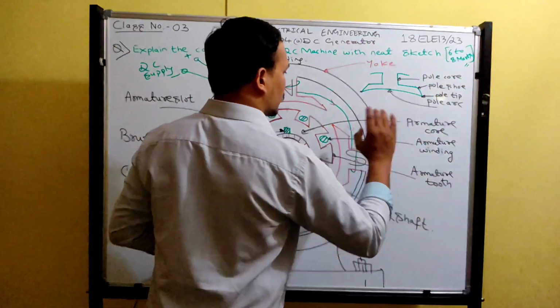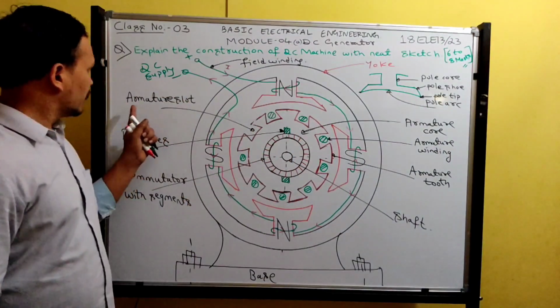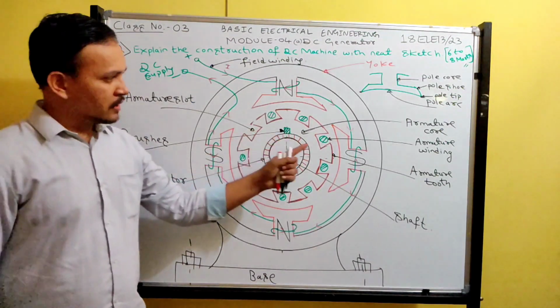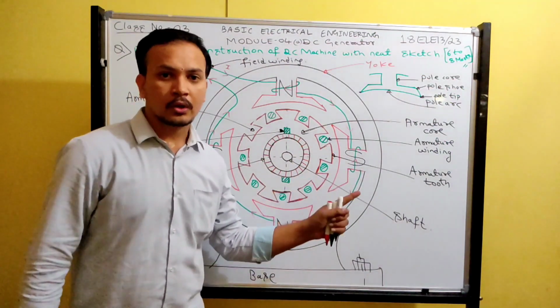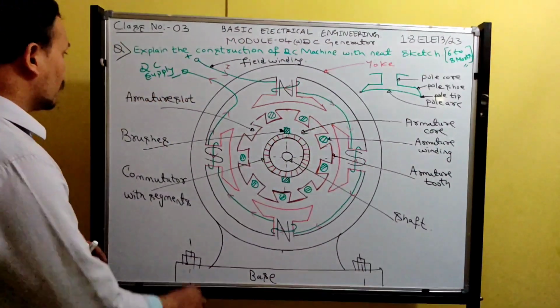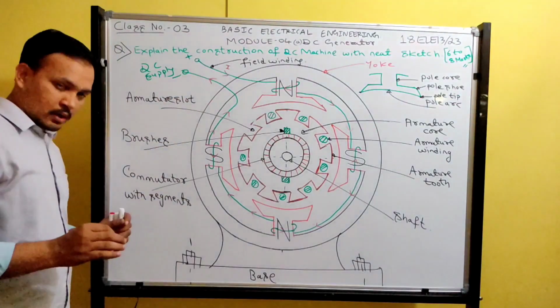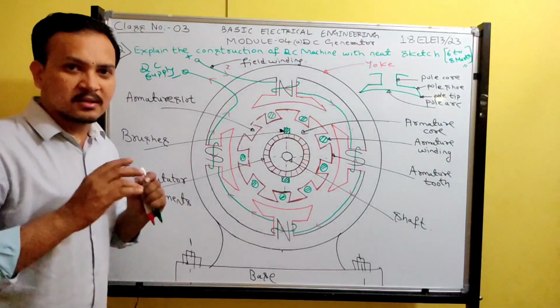Next, it consists of parts. One is called the armature slot, another is the armature tooth, and the next one is the armature winding. Then look into the armature slot. What is the major function of the armature slot?